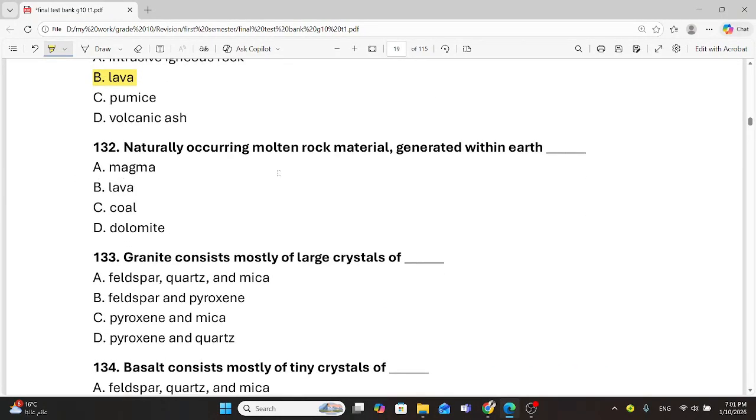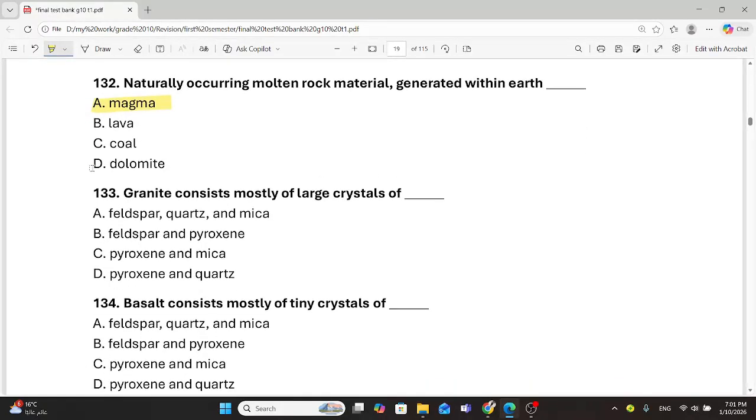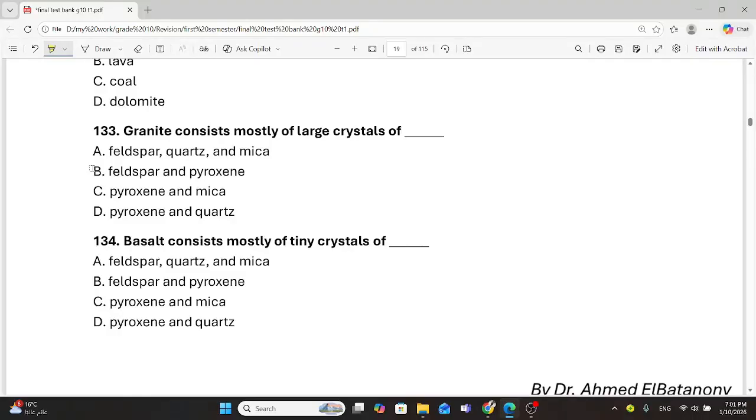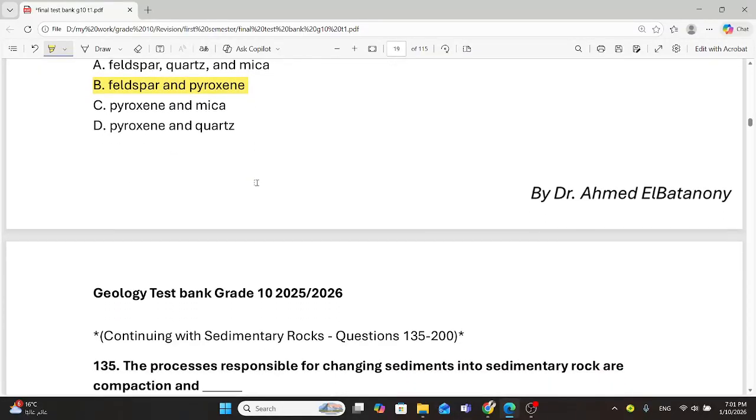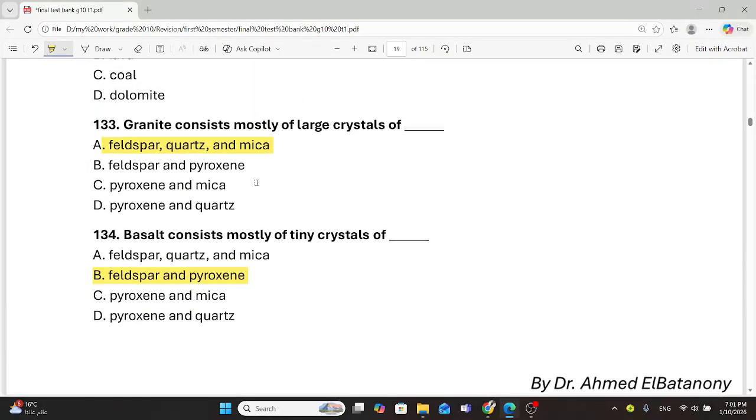Naturally occurring molten rock material generated within the earth is magma. Granite consists mostly of large crystals of feldspar, quartz and mica. Basalt consists of feldspar and pyroxene.